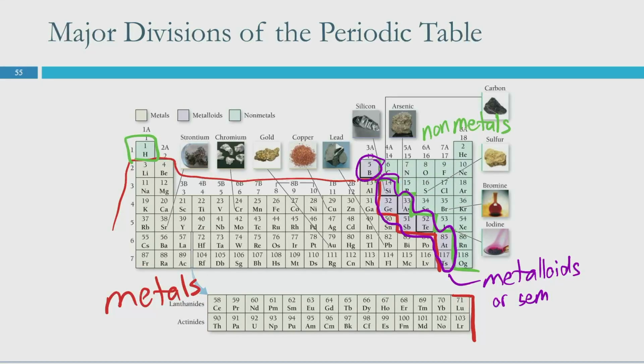These display mixed properties. They've got some of the properties of metals, but they also do some weird stuff. So generally you should know metals left side and left bottom side, nonmetals kind of in that top right corner, and then just somewhere in the middle, the metalloids.